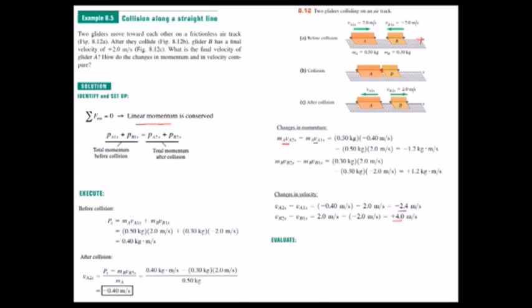During the collision, there's a force that's acting over a short time that's equal and opposite on both of them. They feel the same force but acting in different directions. But B has a smaller mass and it will therefore have a higher acceleration, and it picks up a bigger change in velocity. And this ends example 8.5.